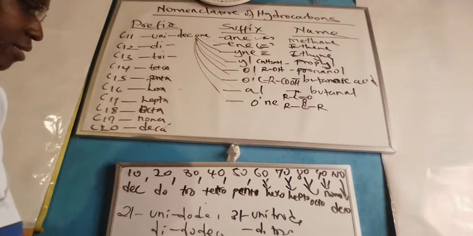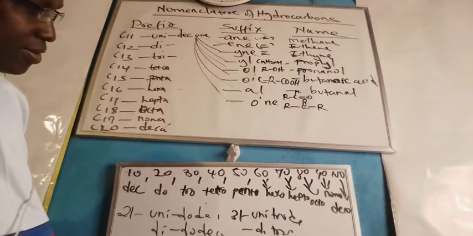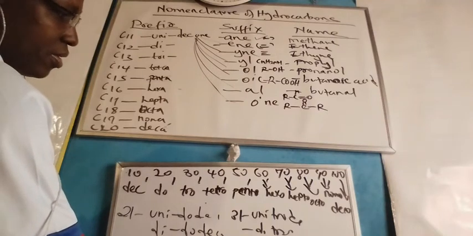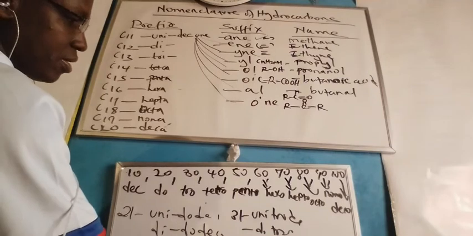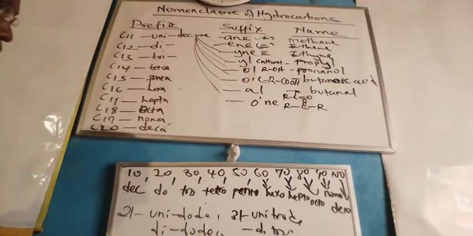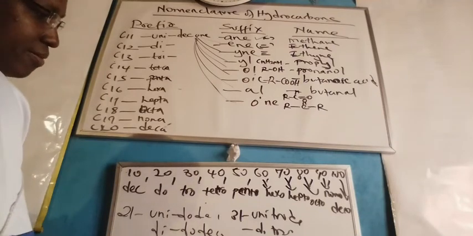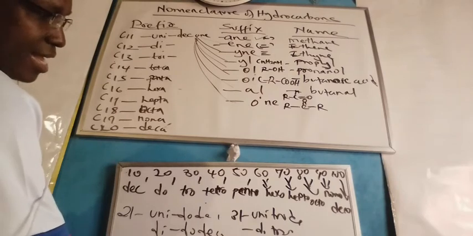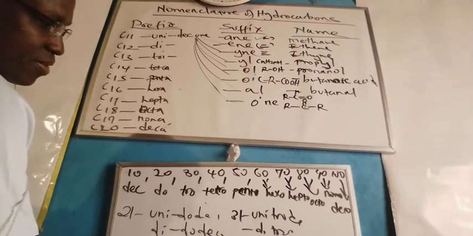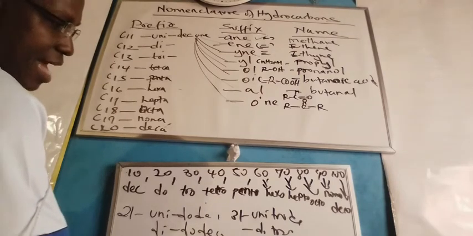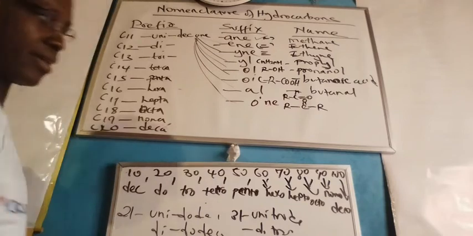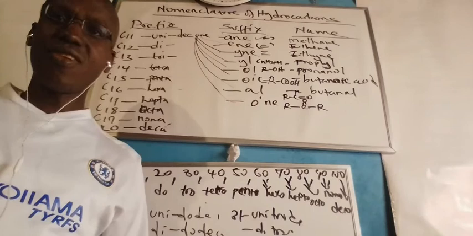So 41 will be uni tetrodecane. 42 will be di-tetrodecane. 43 would be tri-tetrodecane. Now, what about 90? 90 we have said is nonodecane.